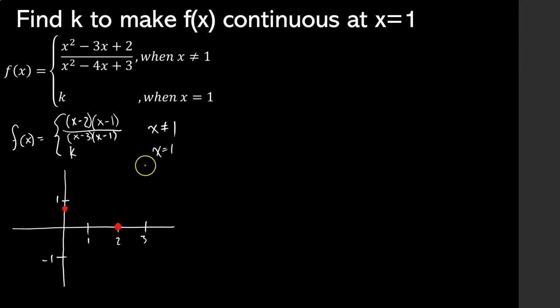Most of us are going to recognize that f has a vertical asymptote at x equals 3 and a horizontal asymptote of y equals 1. I could draw over here, but we don't really care. We're only worried about what's going on near x equals 1.